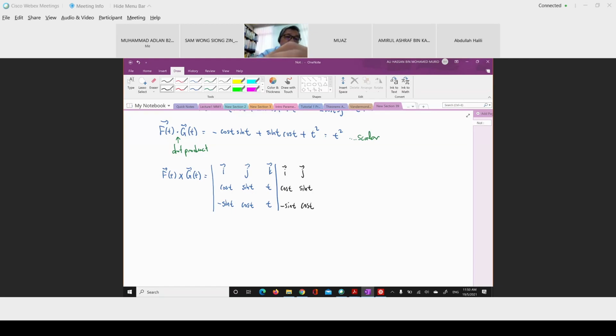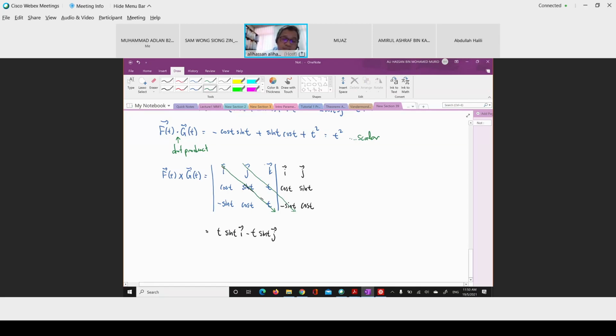Then we multiply in this direction to get t sine t i, and then we multiply in this direction, using a plus sign, to get minus t sine t j.